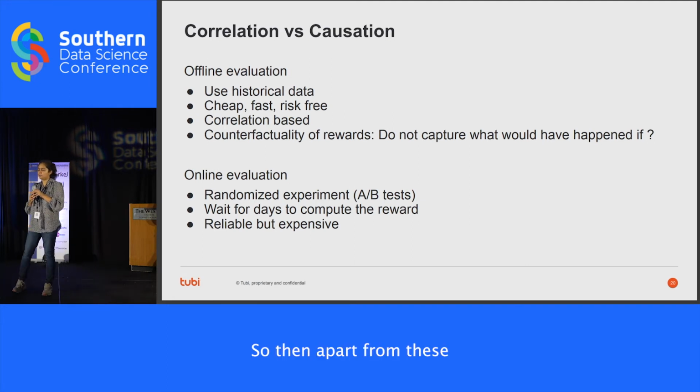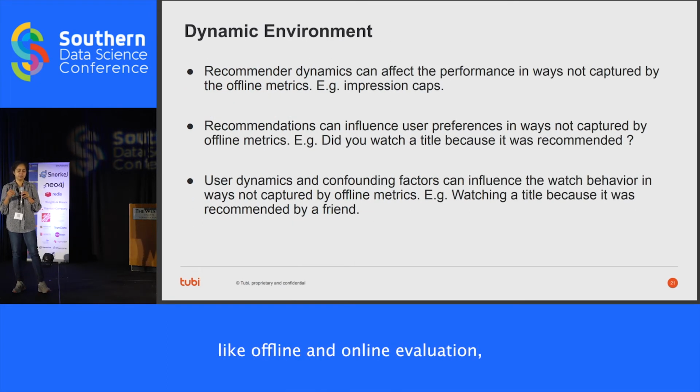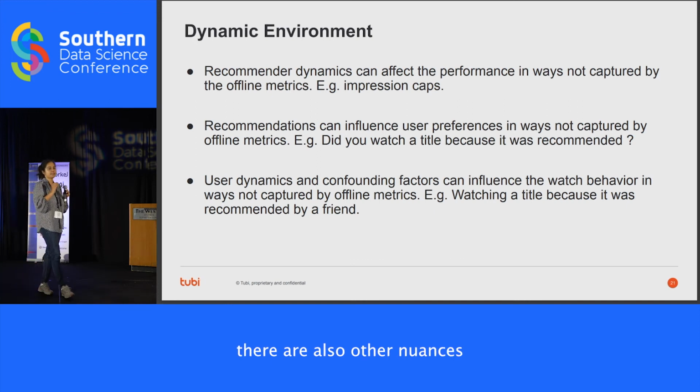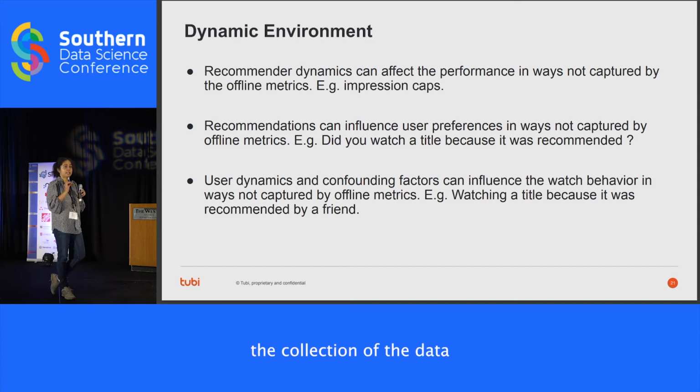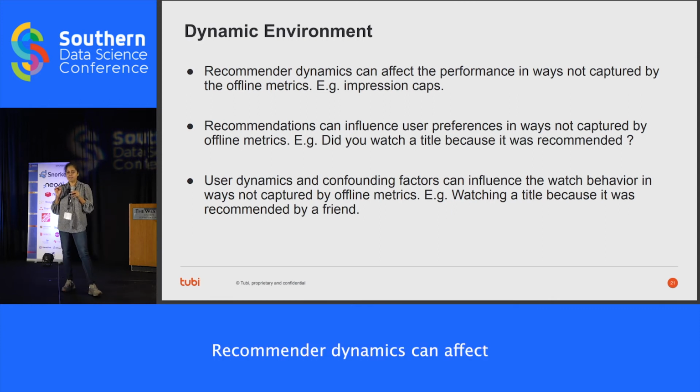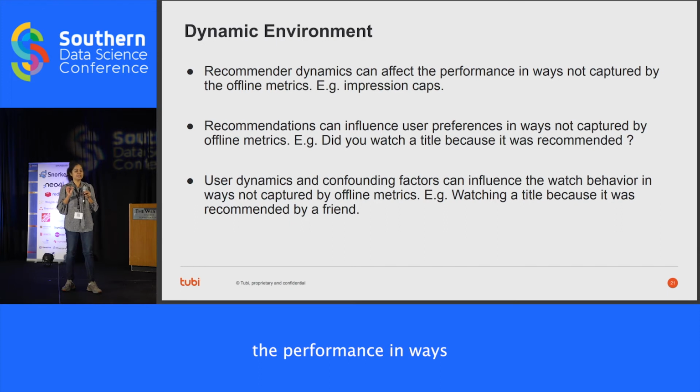Apart from the offline and online evaluation I talked about, there are also other nuances which influence the collection of the data and because of which offline evaluation becomes even more challenging. Recommender dynamics can affect the performance in ways that are not captured by the offline metrics at all.